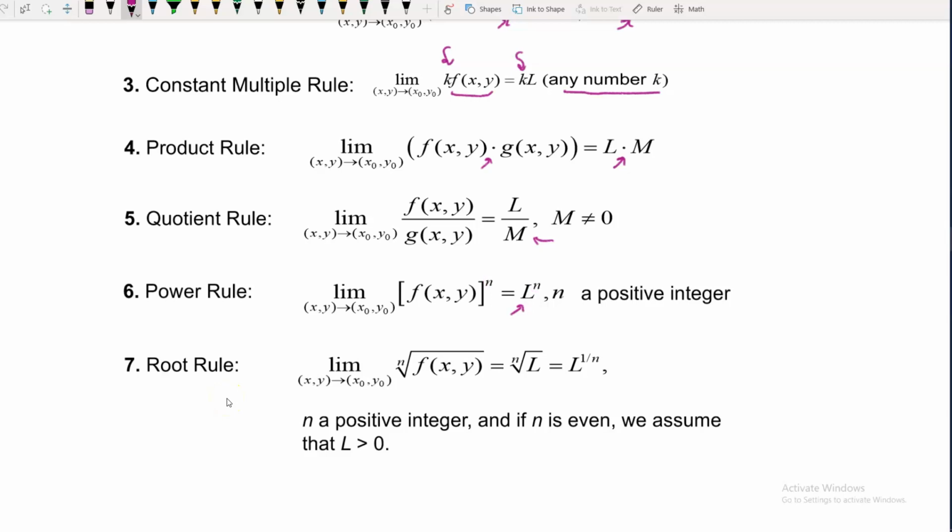Number seven, root rule. Limit as (x, y) approaches (x naught, y naught) of nth root of f of x, y is equal to nth root of L. So this is L to the power 1 over n. So n is a positive integer, and if n is even, we assume that L is greater than 0.